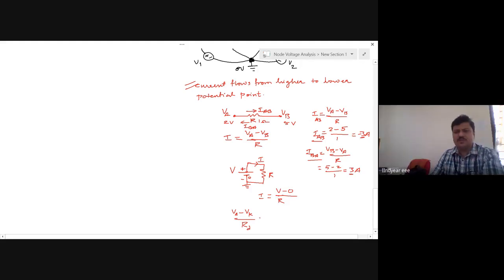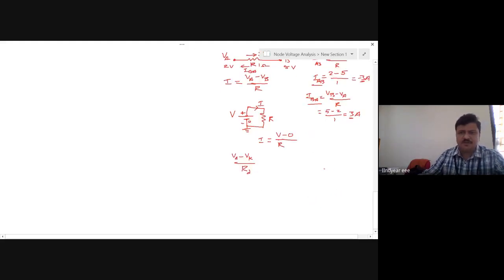If you take the piecewise linear model, then it is VA minus VK, anode voltage minus cathode voltage, divided by the resistance of the diode. It may take additional moments, but it will be firmly fit into your mind, the concept of potential difference between the elements.